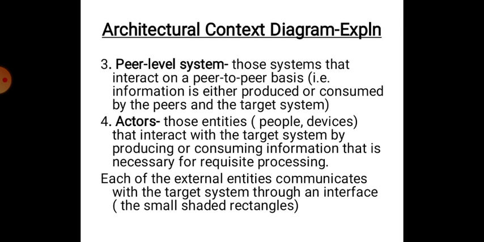It may consume the information or produce the information. Each of these external entities communicates with the target system through an interface. These interfaces are represented in the shaded rectangles as far as the architectural context diagram is concerned.